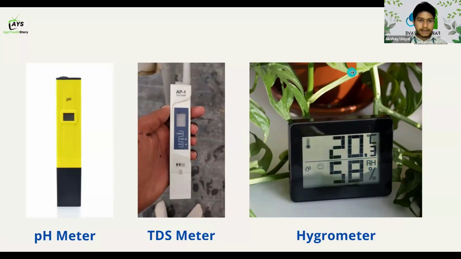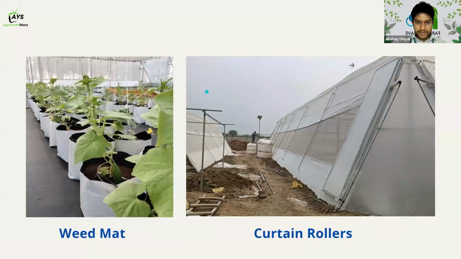Okay. Now coming to this, we have something called a weed mat. We do not want any soil-borne diseases or pests to come inside the polyhouse. So the best way to do it is to cover the whole inside soil of the polyhouse with something called a weed mat. This mat is usually black or white in color.